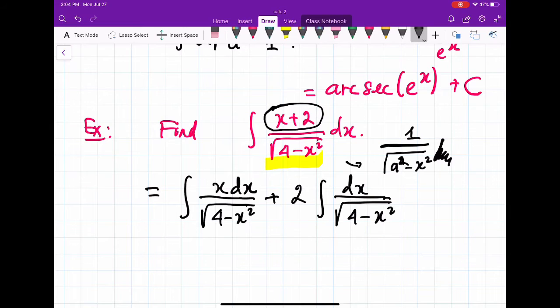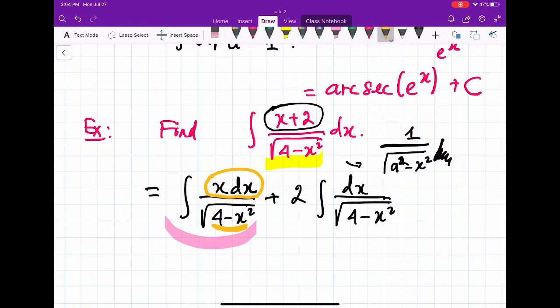Now look at this integral. The first integral looks familiar to me. Why? Because we have the combination x dx and 4 minus x squared. You see this? x squared and x dx.